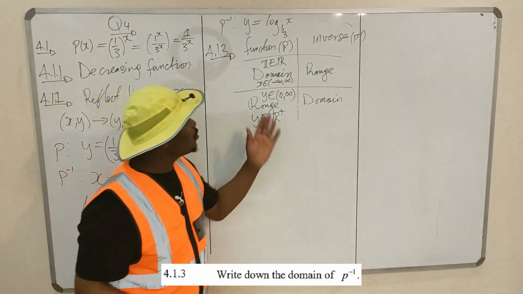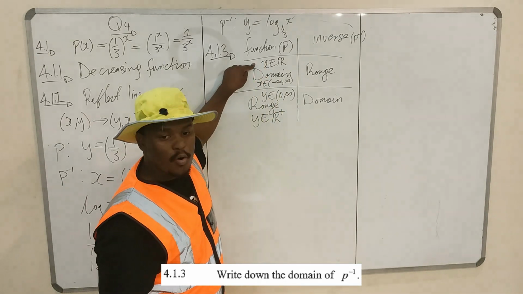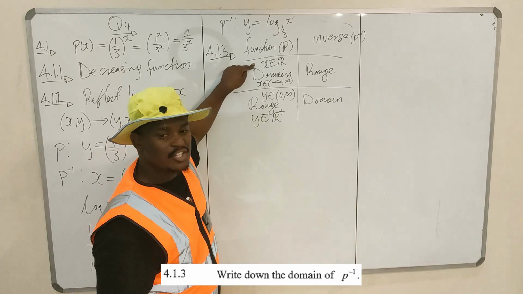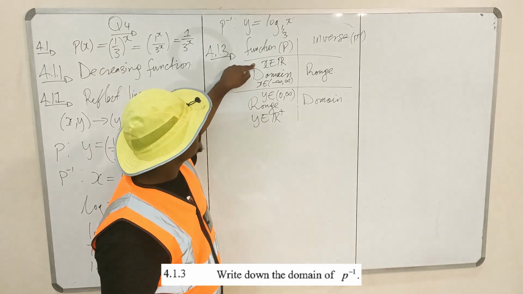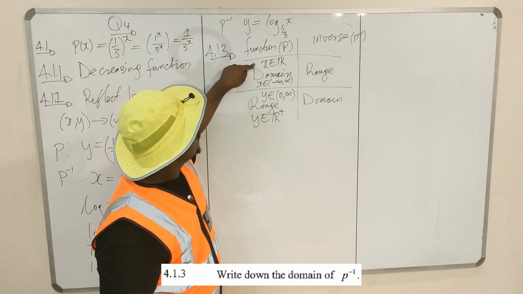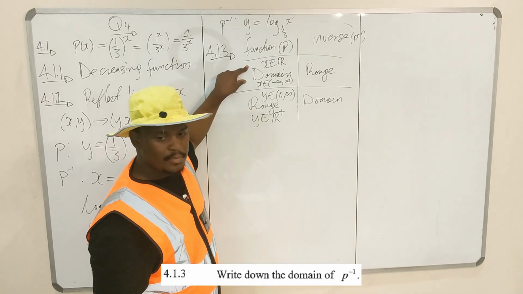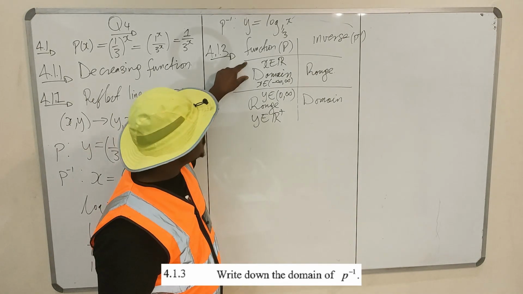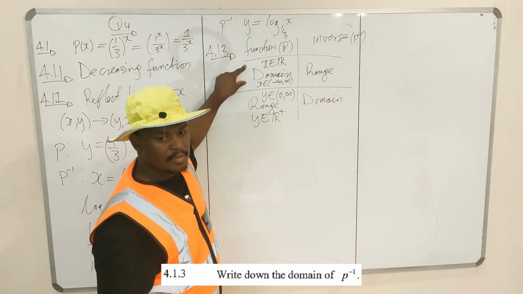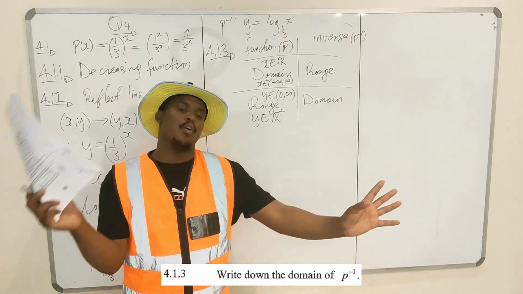Then now, let's go to the inverse. So if you have the domain of the function to be this, the range of the inverse will preserve the similar form. Are we clear? Yes. It preserves the similar form because your x and y swap around, so your range and domain also move around.